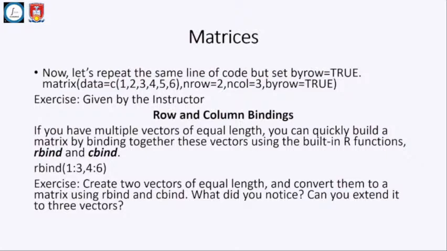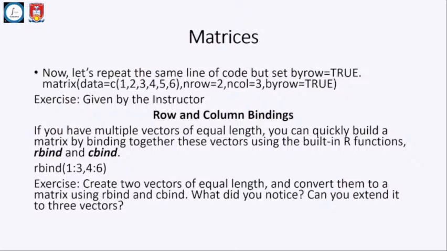Now, another way we can do things is to do what is called row and column binding. Just like you use the matrix function, we can also use the rbind function. It means row bind.